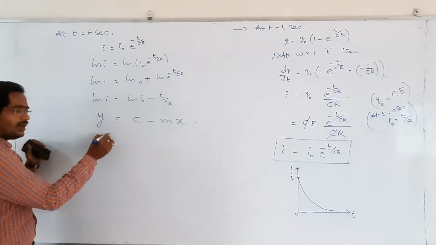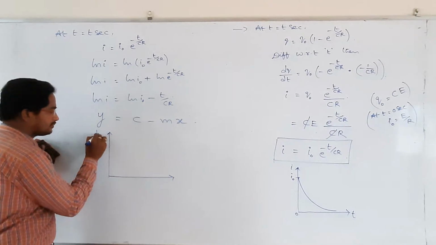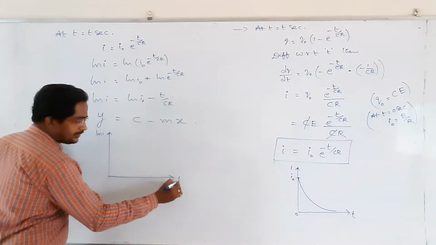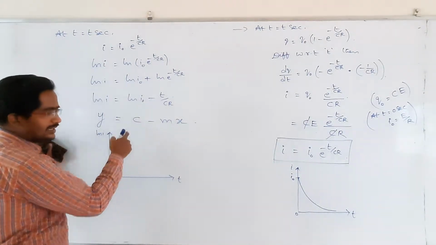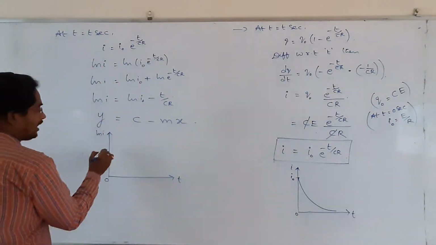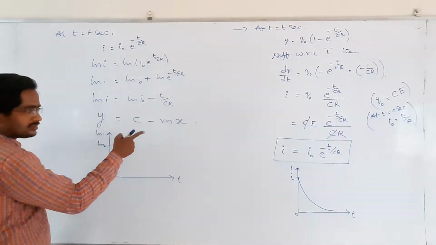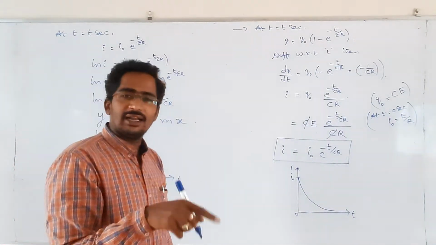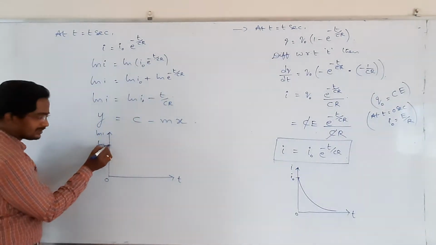We want to plot the graph of ln I against t. Initially, the intercept on the y axis is ln I naught. And the curve shape here is a straight line with a negative slope. So you get a curve like this.